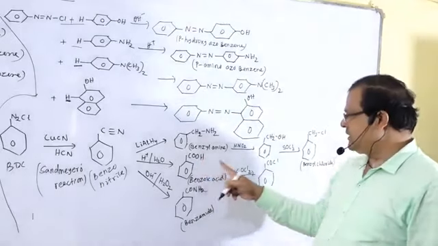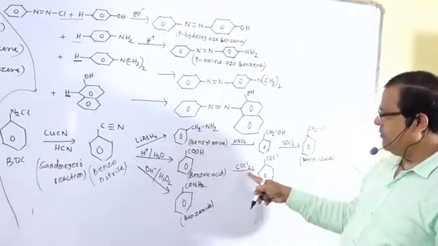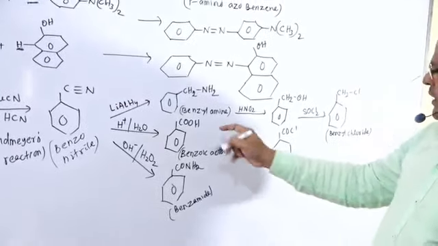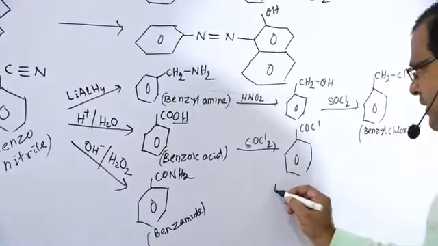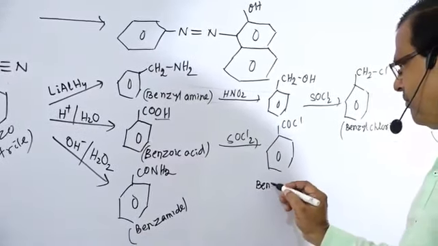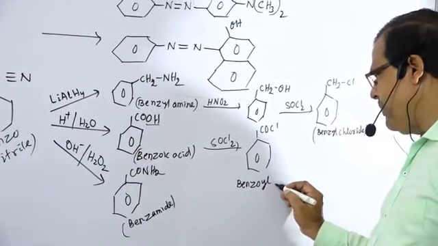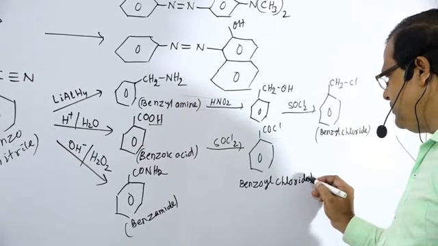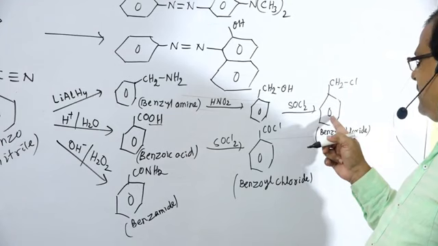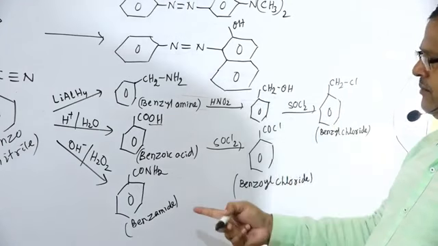Benzoic acid treated with SOCl2, thionyl chloride, has its OH group replaced by Cl, giving benzoyl chloride. This is benzyl chloride, this is benzoyl chloride, and this is benzamide.